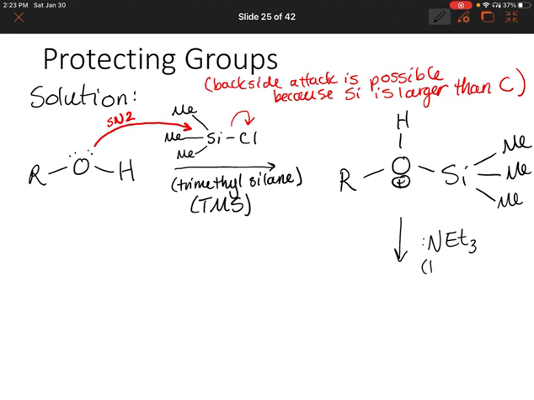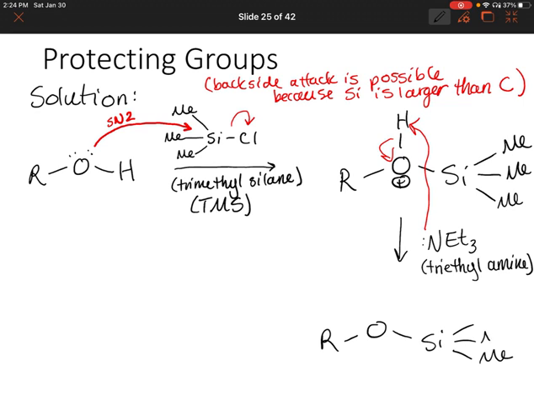And the triethylamine is going to deprotonate the hydrogen. Or sorry, the oxygen. There we go. Okay, so now we have blocked oxygen, and it no longer has a hydrogen that the Grignard reagent can react with. So we've protected that oxygen.